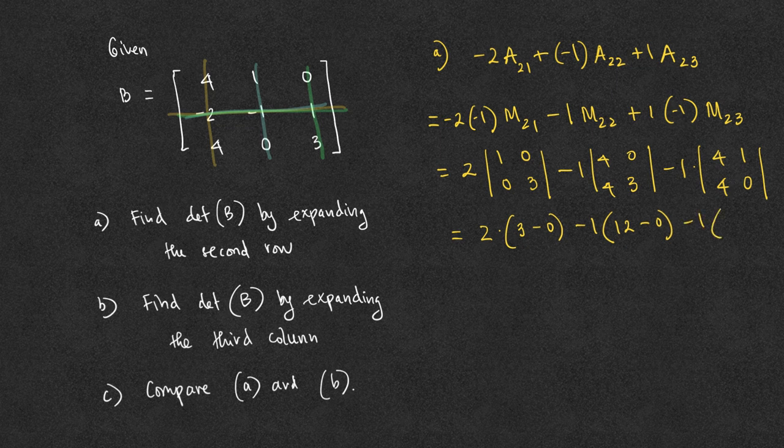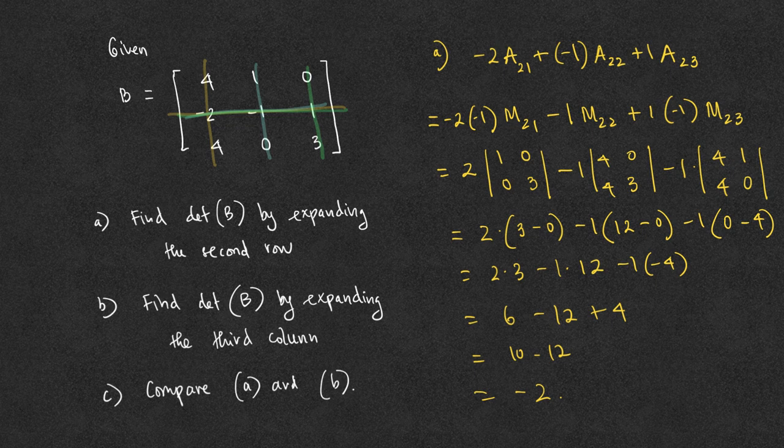The determinant of 4, 1, 4, 0 is 4 times 0, which is 0, minus 4. This is 2 times 3 minus 1 times 12 minus 1 times -4, or 6 minus 12 plus 4. This is 10 minus 12, or simply -2. The determinant of this given matrix is -2 using the second row.